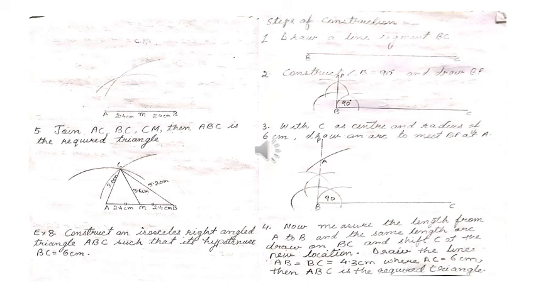Now step 3, with C as a center and radius of 6 centimeter, draw an arc to meet BP at A. From point C, make an arc of 6 centimeter to cut BP, and where it is cutting, that will be point A. Alright, now measure the length from A to B. Put your pointer on B and the pencil at where point A is, and measure.